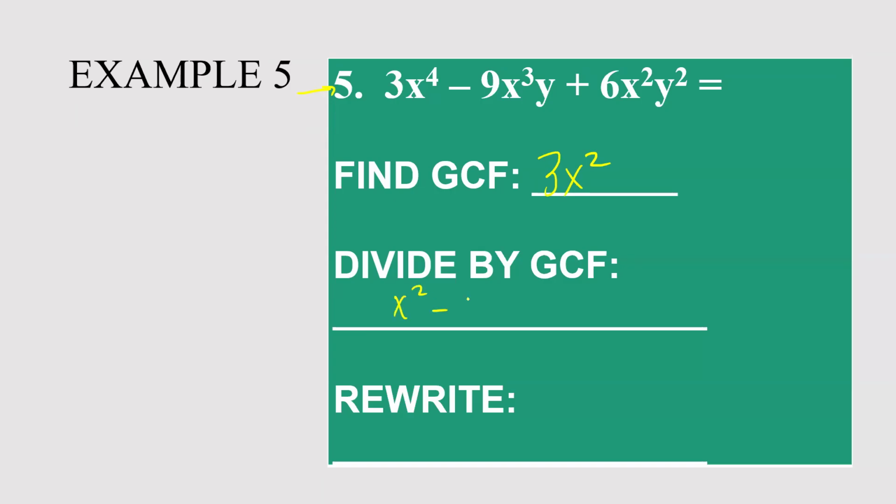X squared minus 3xy plus 2y squared. So your factored form should have came out to be 3x squared times x squared minus 3xy plus 2y squared. Okay. Remember, it's a common factor, which means that it has to be in all of the terms, right? If it's not in all of them, then it's not in common.